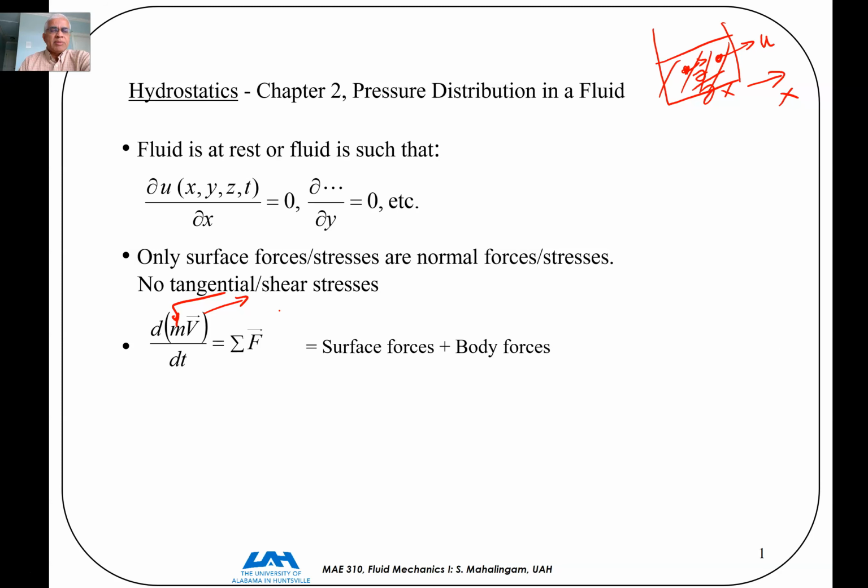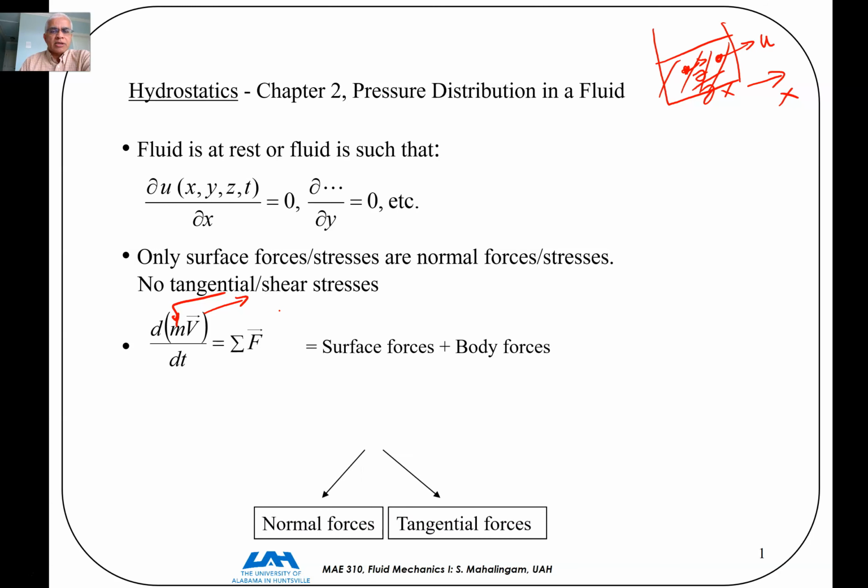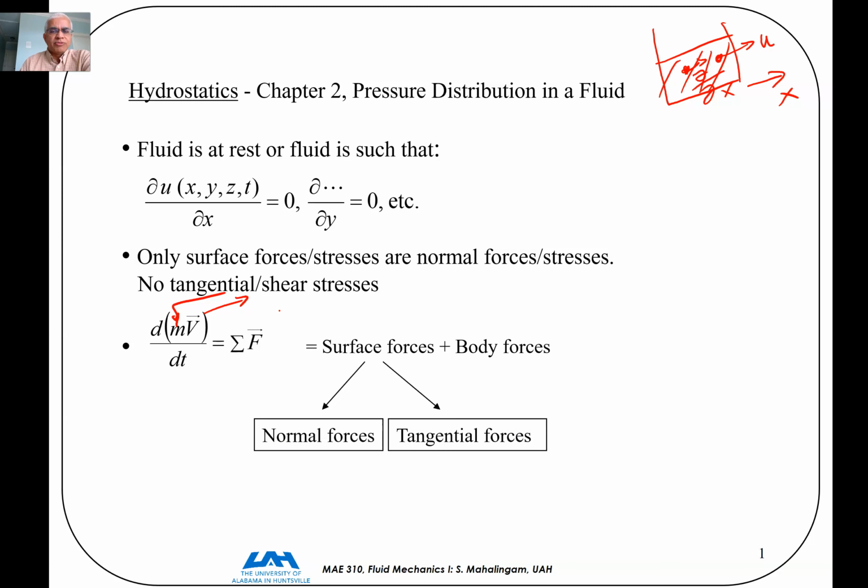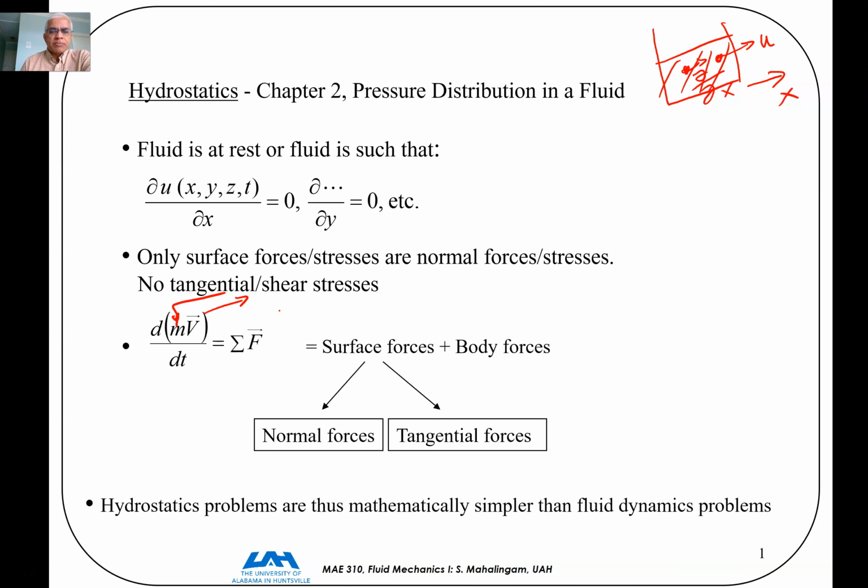And the right-hand side can be made up of various forces, surface forces and body forces, right? And the surface forces are of two types. They could either be normal forces or tangential forces. We've introduced this in the earlier chapter, right? And in hydrostatic problems, the fact that we don't have these tangential forces makes the study of hydrostatics problems that much simpler, right?